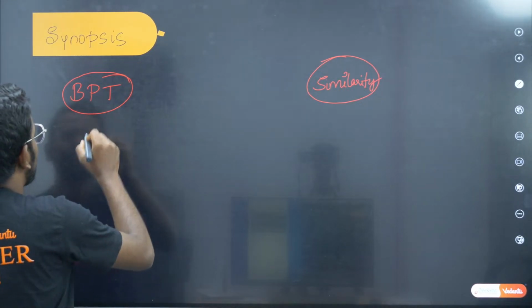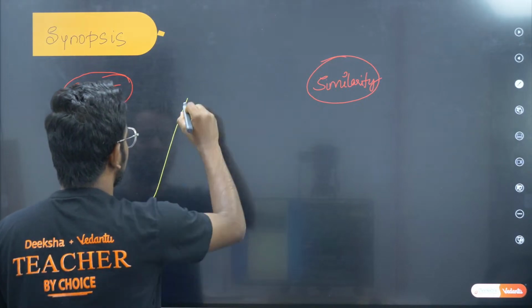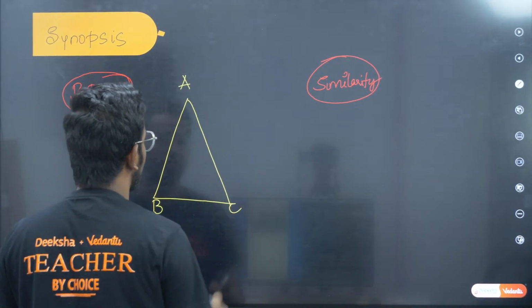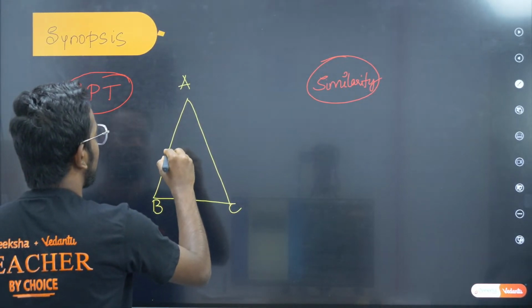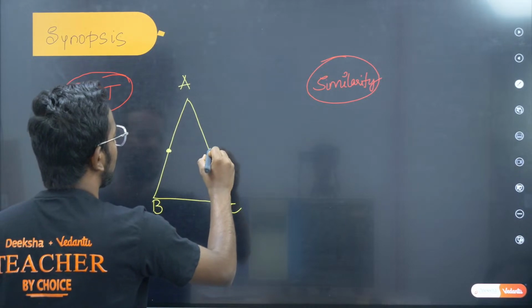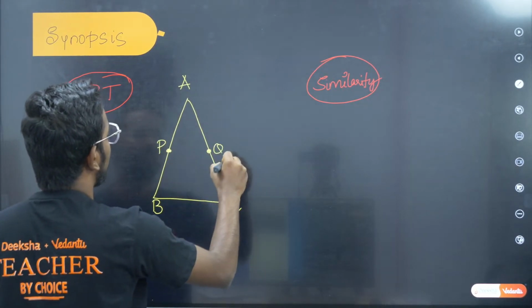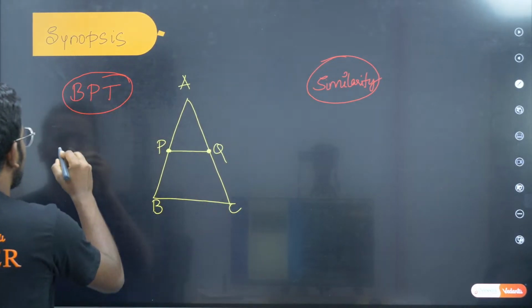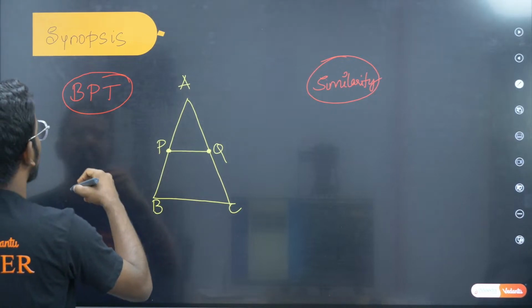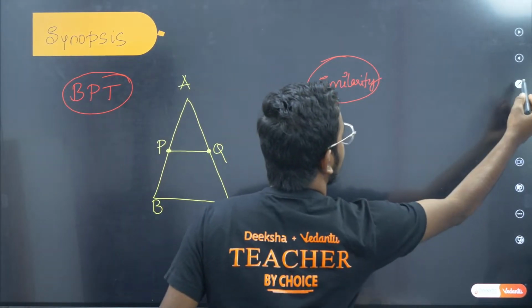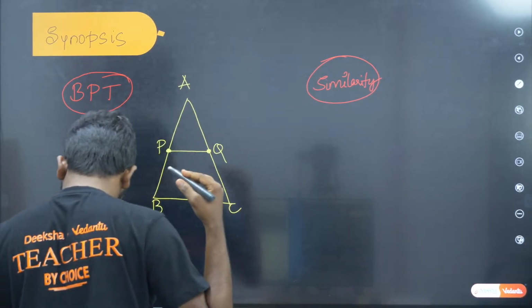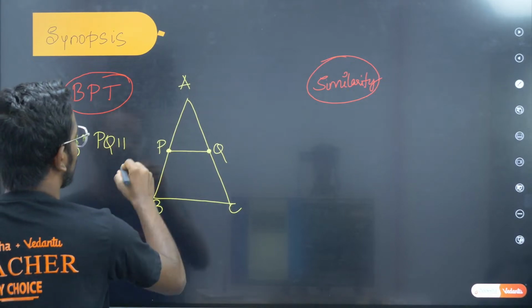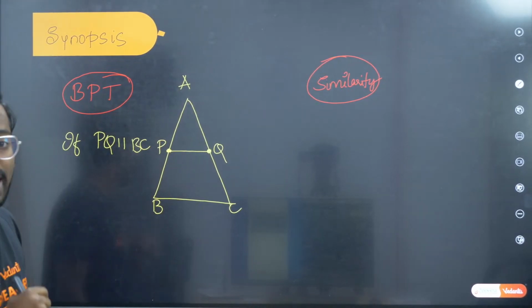So what does the BPT say? Consider a triangle ABC. Suppose there is a point P on AB and a point Q on AC, and suppose PQ is parallel to BC.